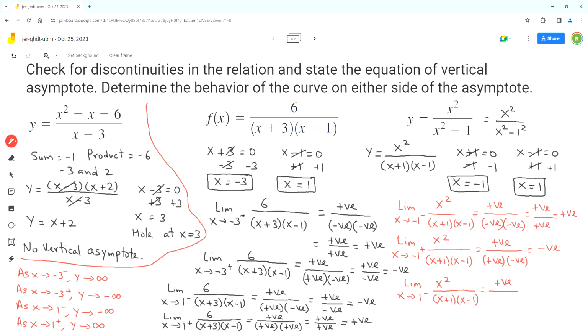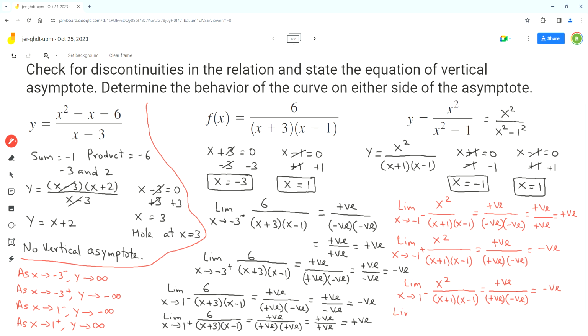The first parenthesis, x plus 1, will be positive because the test value on the left side of 1 can be 0.9. And then x minus 1 will be negative because 0.9 minus 1 will give us a negative value. So the overall value will be negative for this limit.